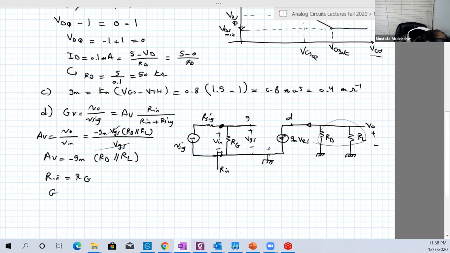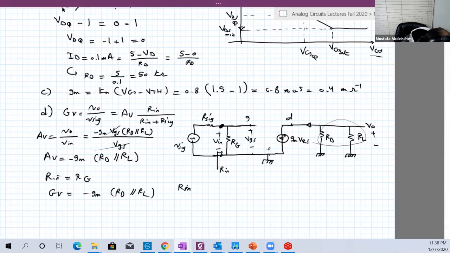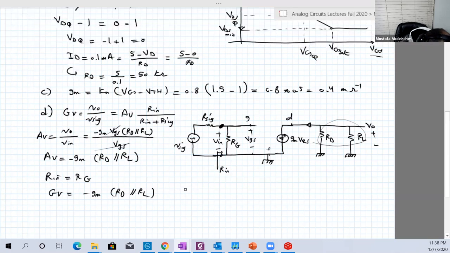So basically GV is equal to minus GM RD parallel RL, and here is our input, which is RG. So let's call it RG directly, over RG plus R signal, equal to GM is 0.4 milli. Don't worry, because RD parallel RL is in kilo ohms, so that's fine.